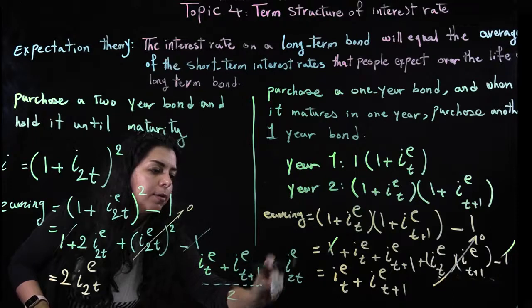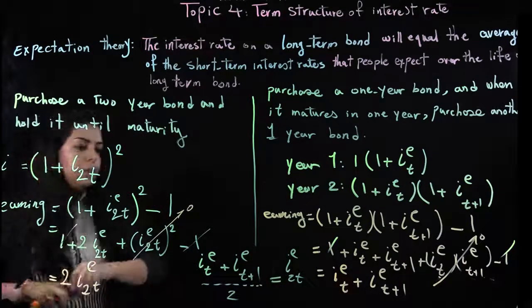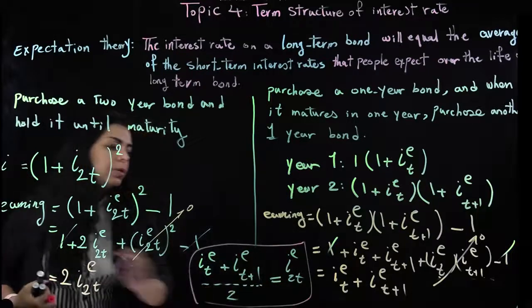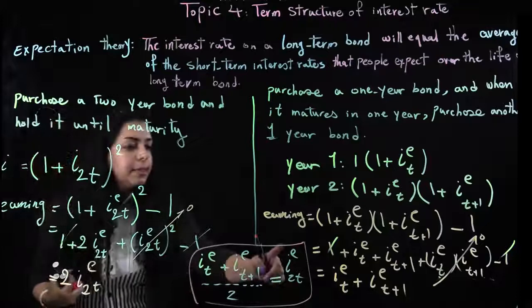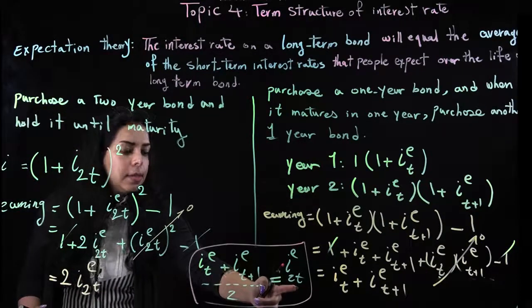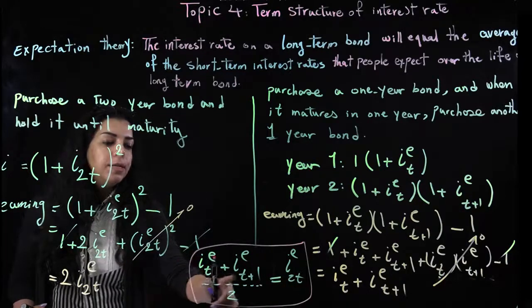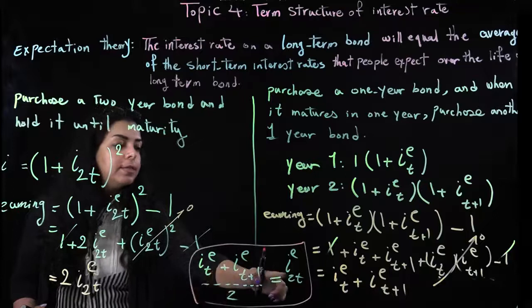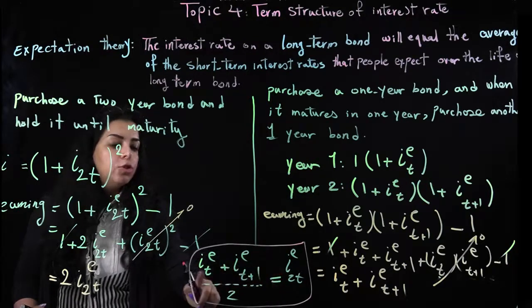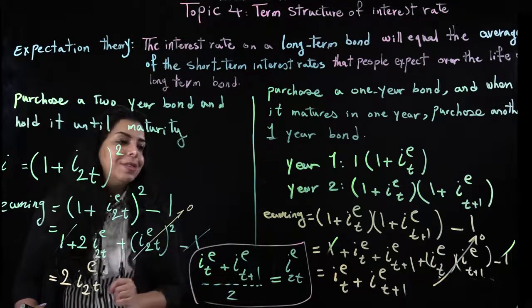So what is remaining? Isn't it similar to the average formula? The expected interest rate of a 2-year bond is equal to the average of the short-term interest rate over the life of this bond, which is a 2-year bond: the short-term interest rate of the first year and the short-term interest rate of the second year.